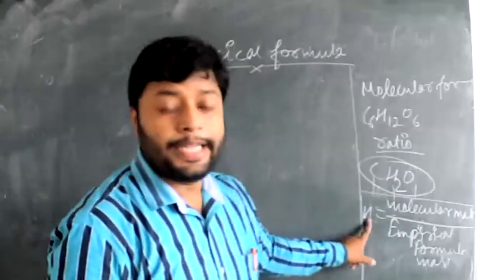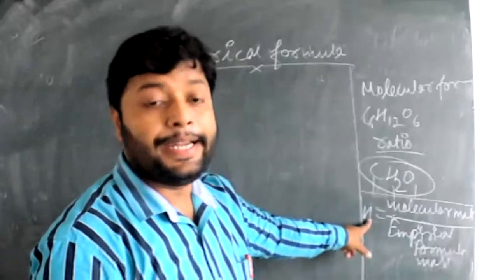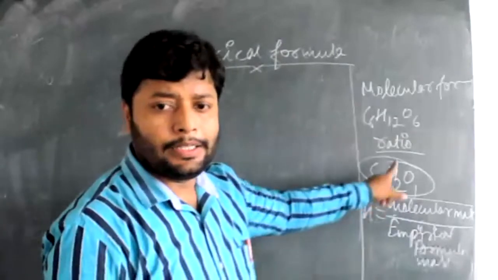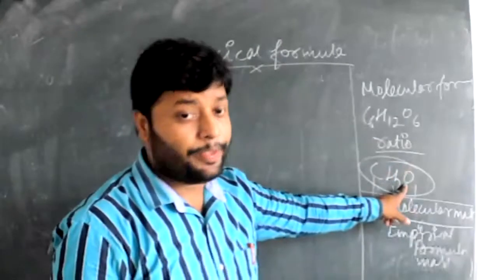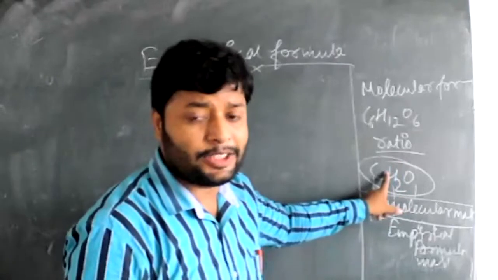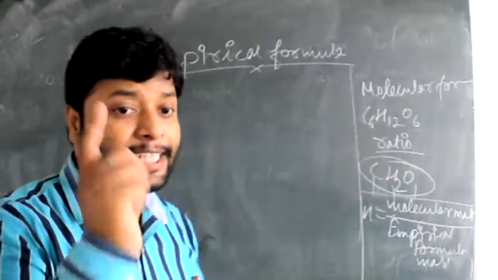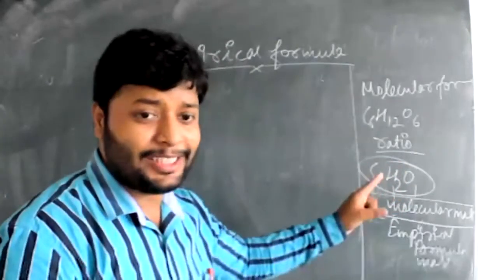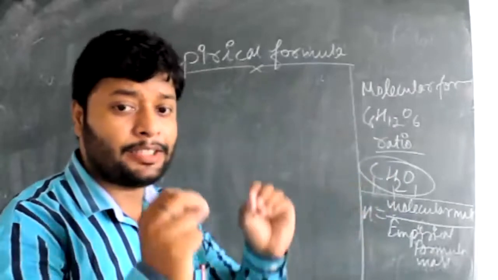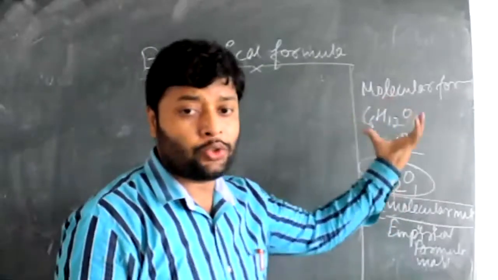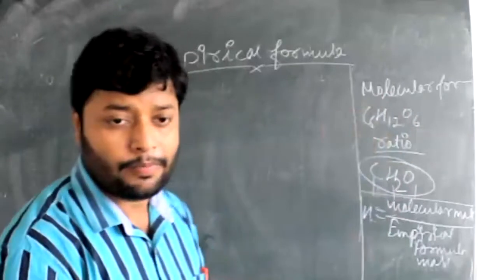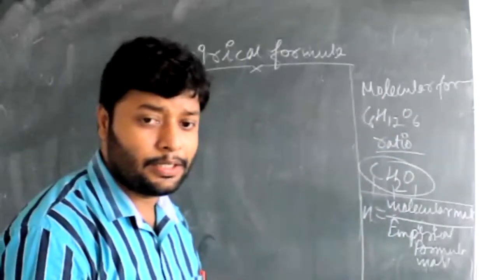This is called an integer. We know the simplest ratio, and if we multiply it by 6, we get the actual formula of the molecule, that is C6H12O6.